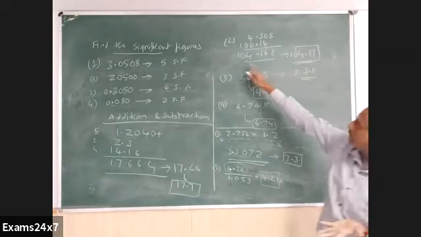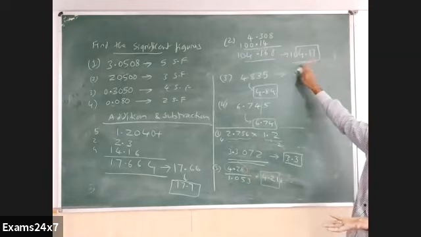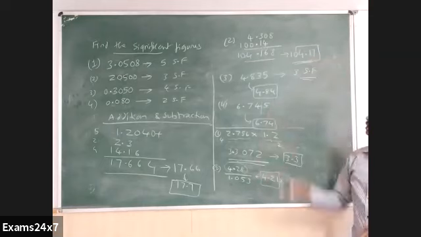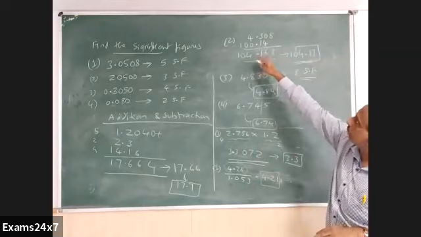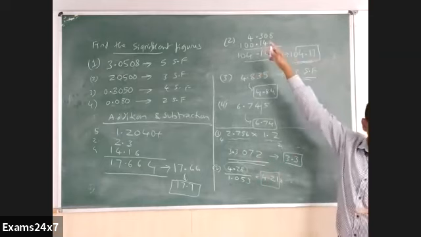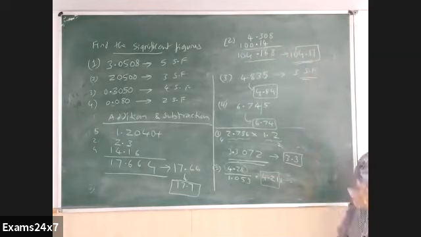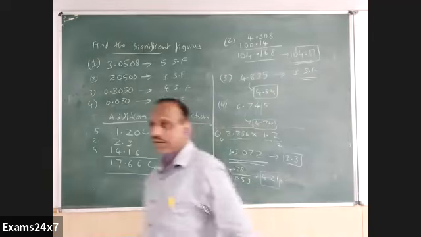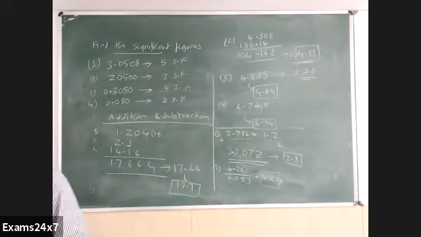So I'm having the answer as 104.168. I should write 104.17. But the decimal part number is the criterion here, and I'm getting the answer as 104.17 in this case.